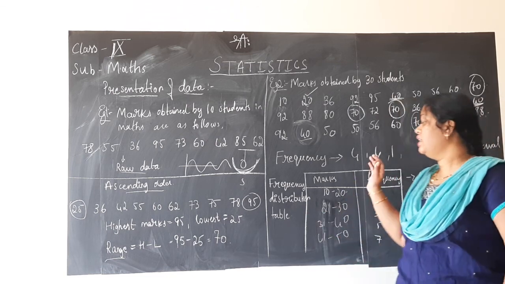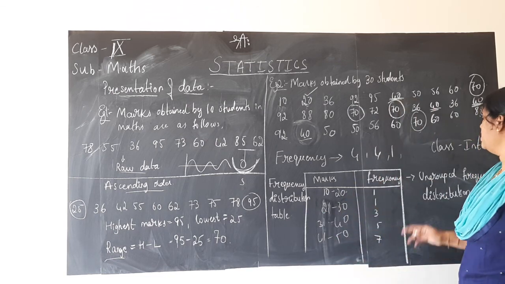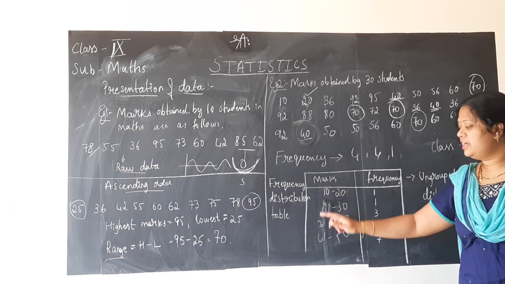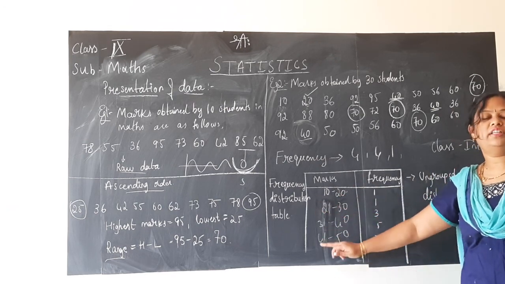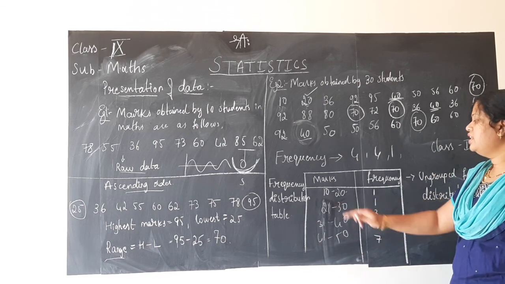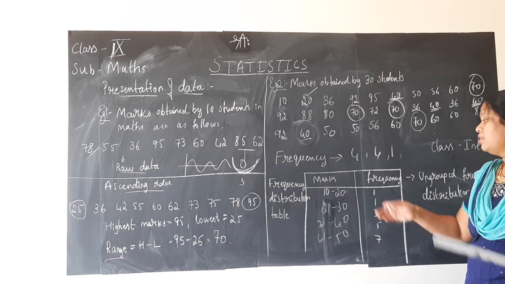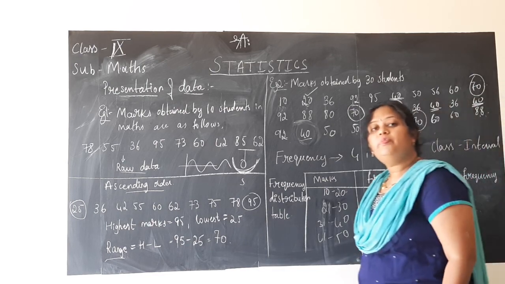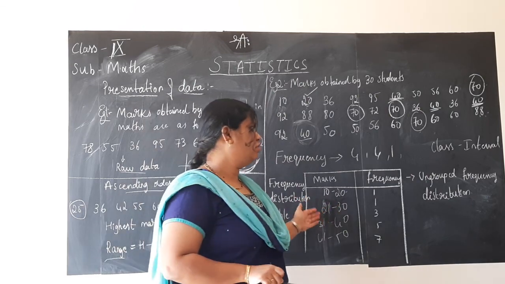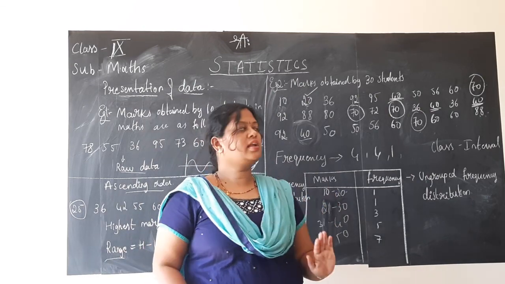If this grouping is done in the table, it is called grouped frequency distribution. If numbers are written singly like previously 10, 20, 30, 40, it is called ungrouped frequency distribution. If they are written in terms of class intervals or classes like this, it's called grouped frequency distribution table, children. Hope it is clear to you and not confusing.